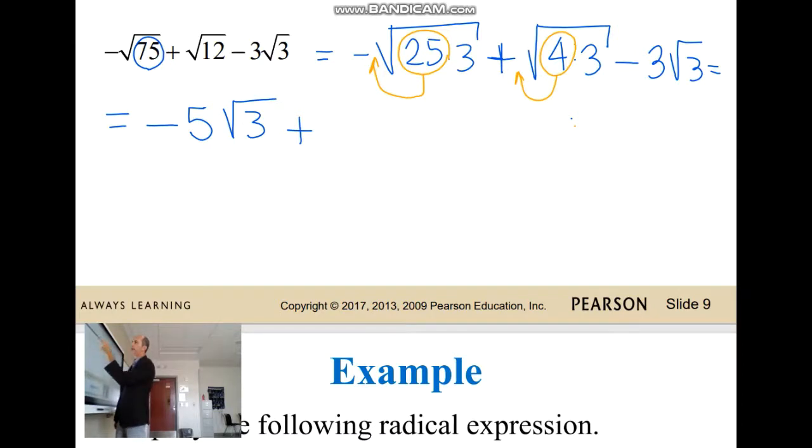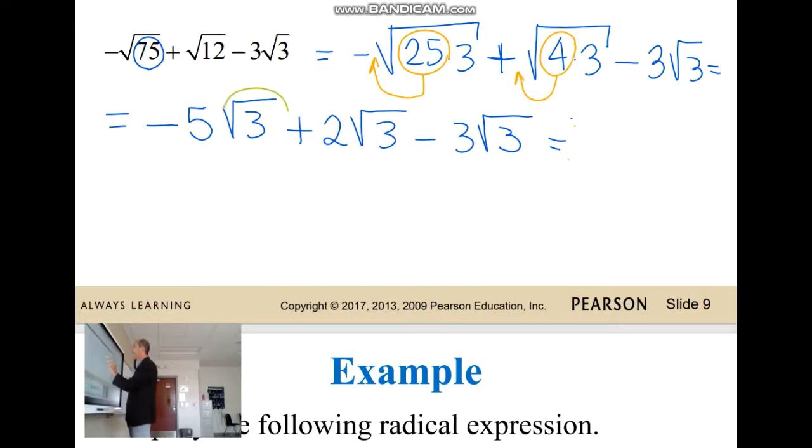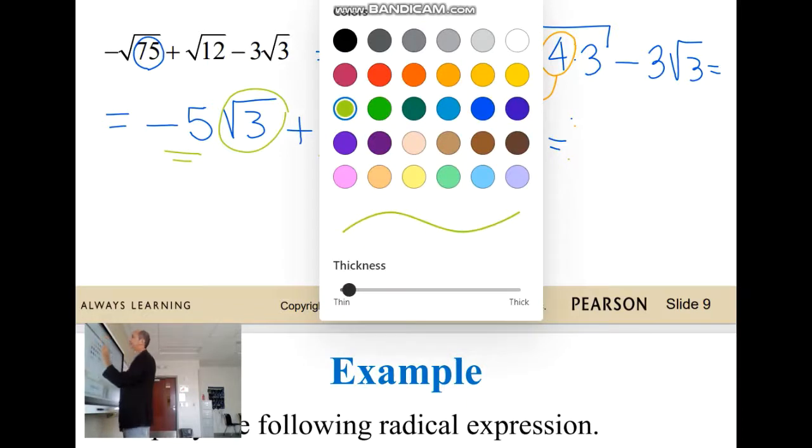4 is 2 squared, right? Square root of 4 is 2. We keep square root of 3, minus 3, and we keep the square root of 3. Check that we have the like radicals here, square root of 3, square root of 3, and square root of 3. We can combine the like radicals, adding the coefficients.